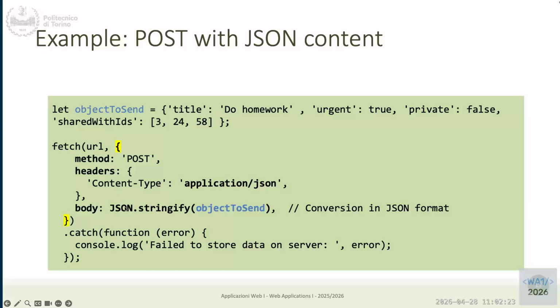And of course, when I'm sending something in JSON format, I need the server to know that the body is in JSON format, so that the server can decode JSON and construct the object itself. Remember, in Express, we had a middleware for extracting the JSON from the body. And for telling it, we also had to do that by hand, writing content type is application/json, and we can do it also here in the fetch.